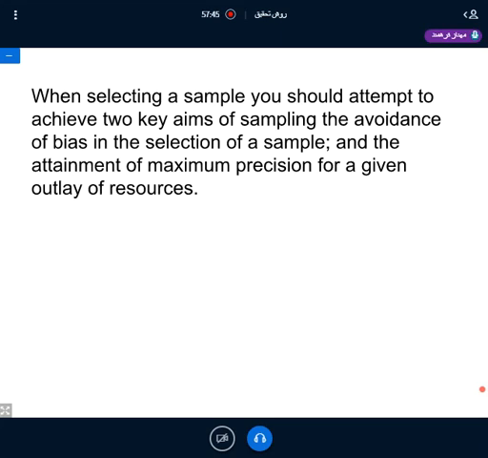Then, in selecting a sample, you should attempt to achieve two key aims of sampling: the avoidance of bias in the selection of the sample and the attainment of maximum precision for a given outlay of resources.